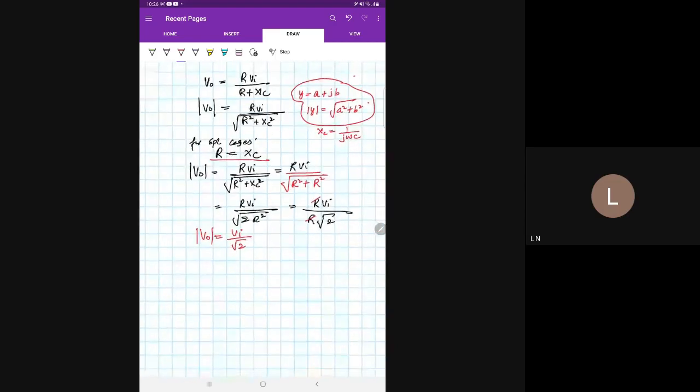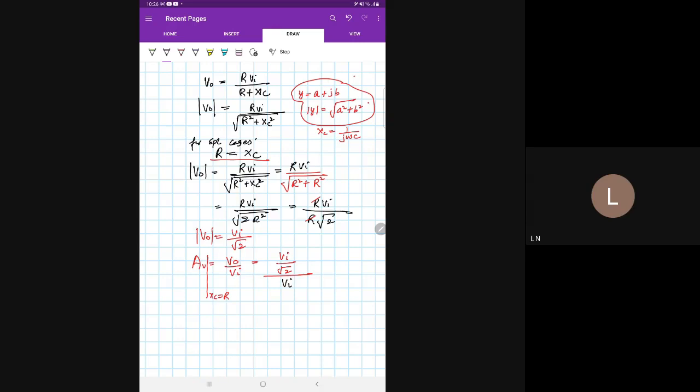And what will be the gain? We know that gain AV is equal to V output divided by V input. So the gain when XC is equal to R is V output by V input. V output is V input by root 2, divided by V input.